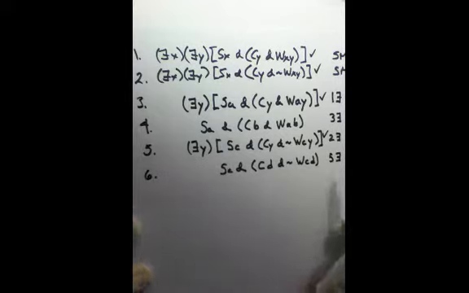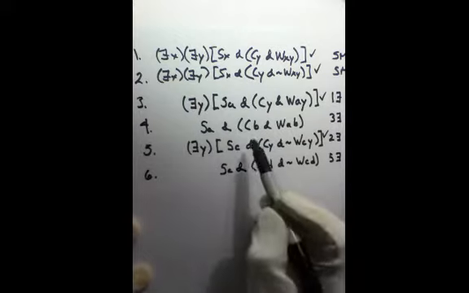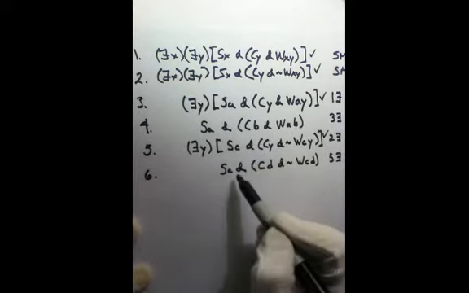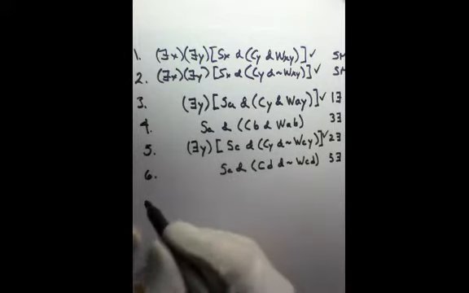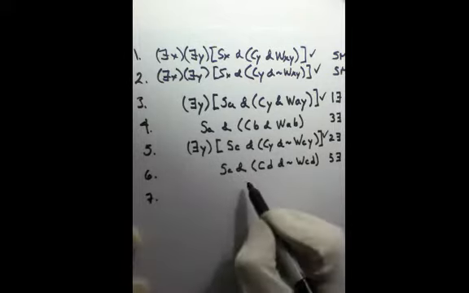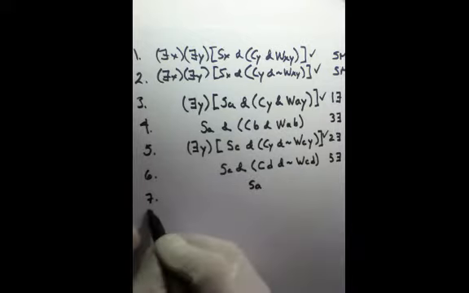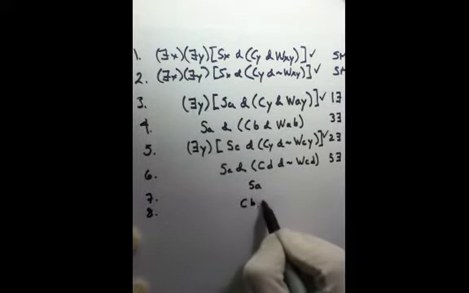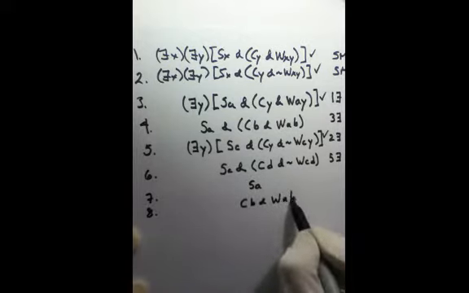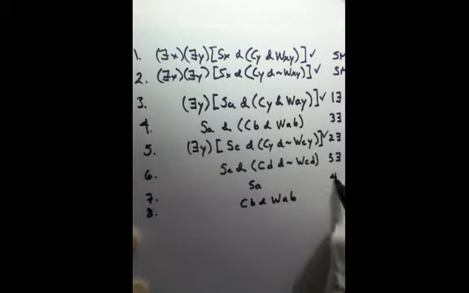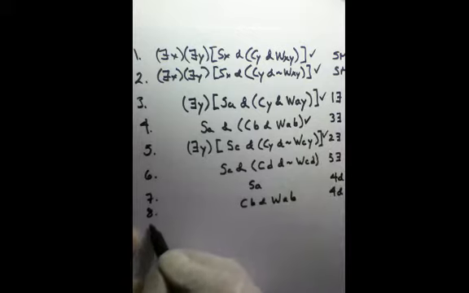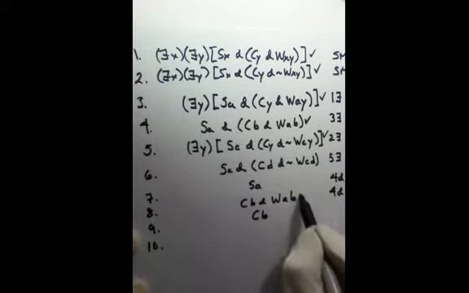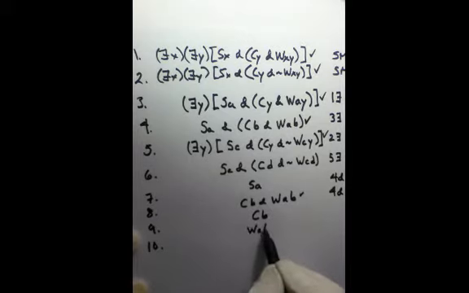Now, when we look at our tree, we see lines 4 and 6 are the other ones that are not decomposed, and both of those are just conjunctions, so we can just stack here Sa and Cb and Wab, and that comes from line 4, of course, by conjunction decomposition. And we can stack again, so we can write down Cb and Wab.